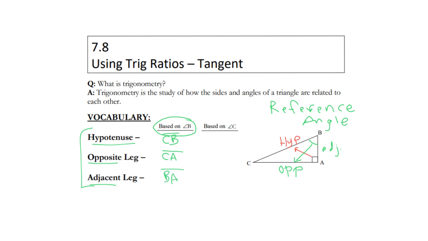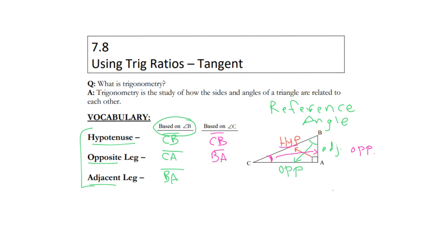Now, if we had done that work based on angle C instead, you just get a different answer, right? So based on angle C, is the hypotenuse still right here? Yes, it is. The hypotenuse doesn't change because the hypotenuse is always across from the right angle. But if our angle C is now our reference angle, now across from that is our opposite. So that's segment BA.